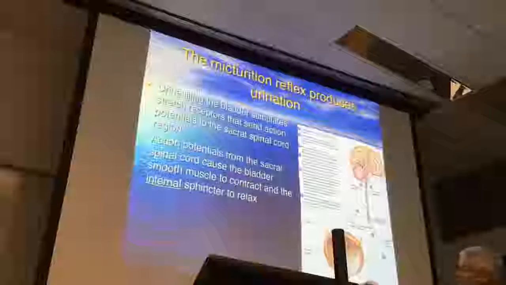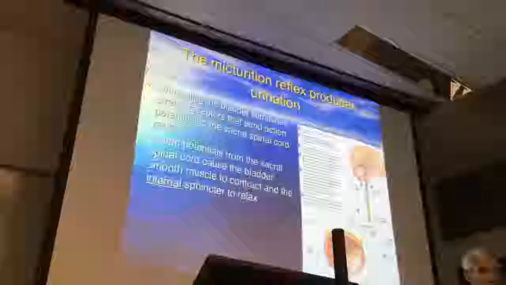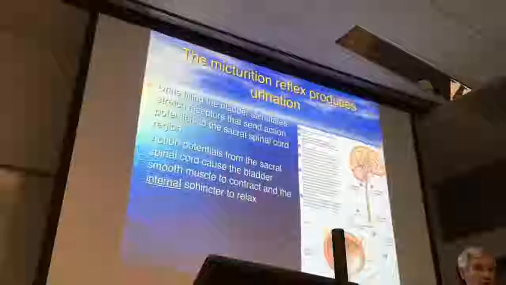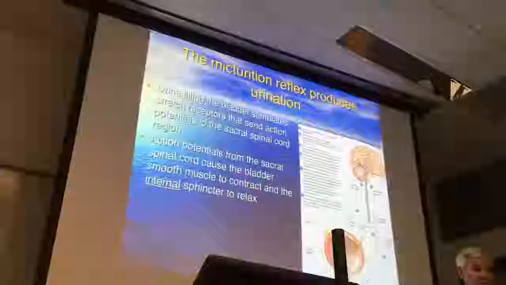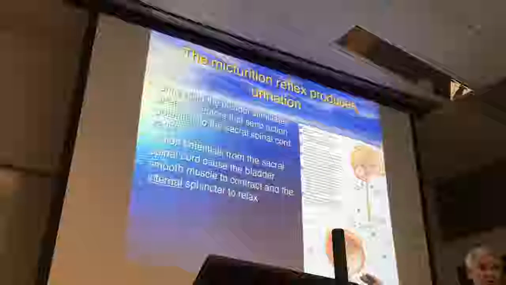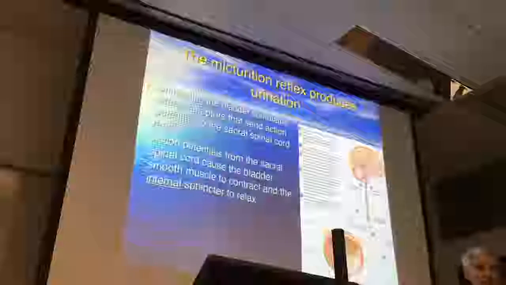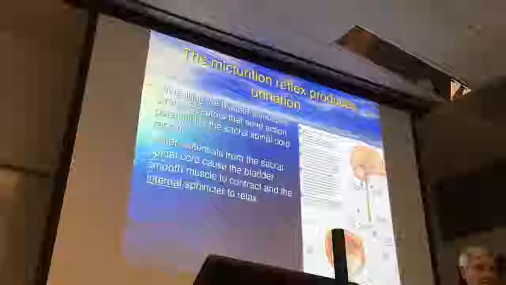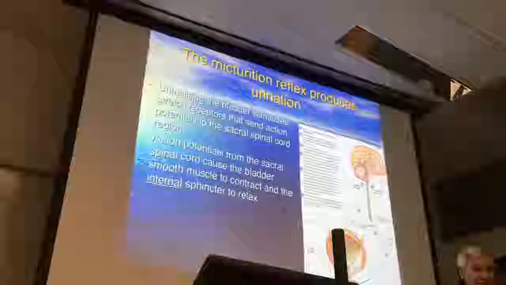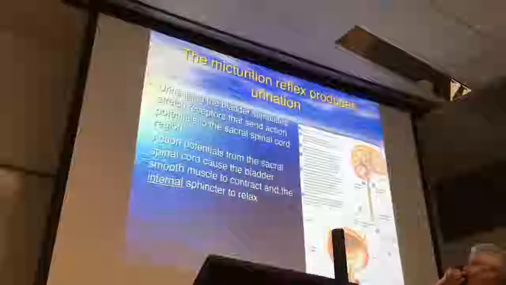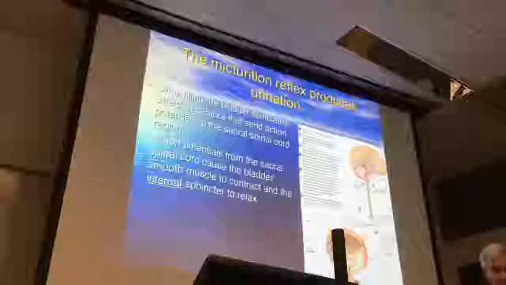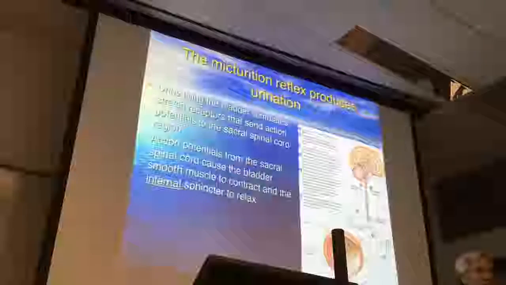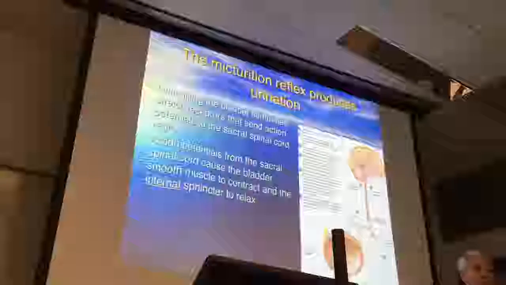If you do not have control of the external sphincter, which is a skeletal muscle, not the smooth muscle, then urination occurs right then. If you have no ability to control that muscle, there's no motor tone, and you will have urination. So that's an infant. The diaper is now wet. Okay. In an adult, the internal is relaxed, but the external has muscle tone and urination does not occur.